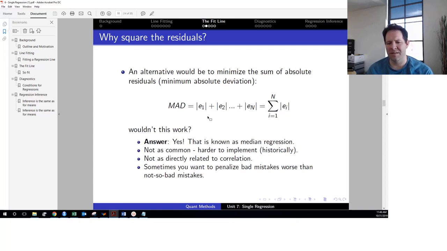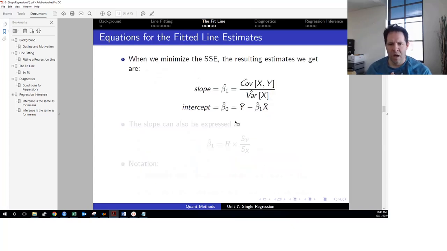This minimum absolute deviation puts less weight on the bad mistakes, whereas in the standard least squares, minimizing the sum of squared errors, you penalize bad mistakes worse. That's just a feature of the fitted line.